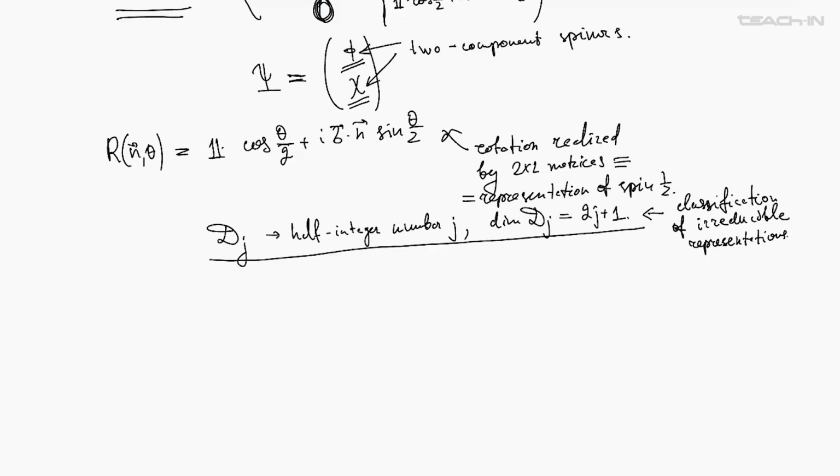Okay, so the classification of irreducibility is only for the rotation? No, SO(3), no, it is also for the Lorentz group, and we will see it now, because now I have to also tell you something about boosts. Okay. Yeah, so we are going to consider the boosts. So Lorentz boosts.